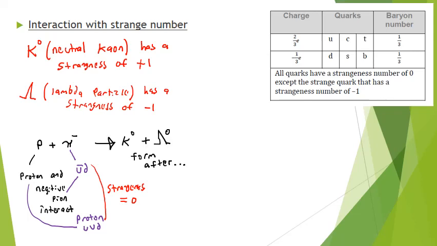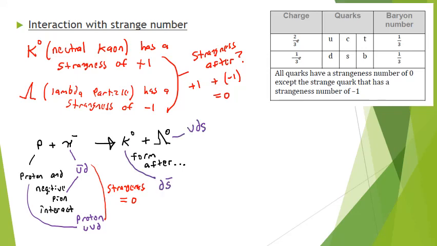So let's say that after these 2 particles interact, the proton and the negative pion, the neutral kaon and the lambda particle form. Now, the strangeness after, we add them up, and that equals 0. The strangeness before is 0, the strangeness after is 0. And so the strangeness is conserved there.